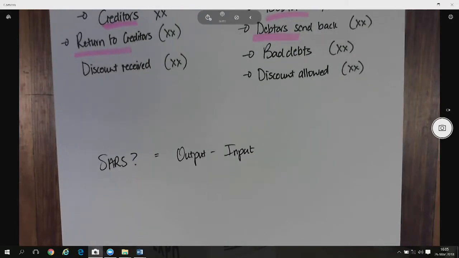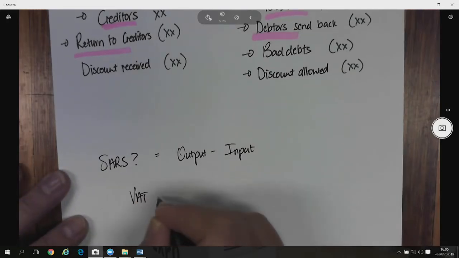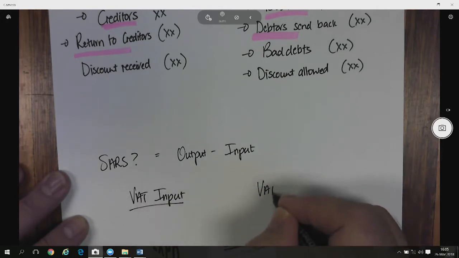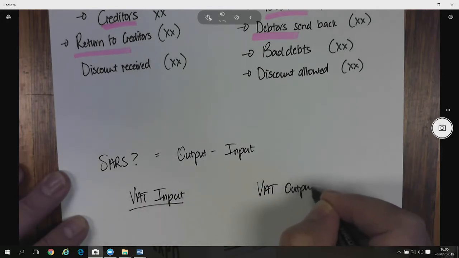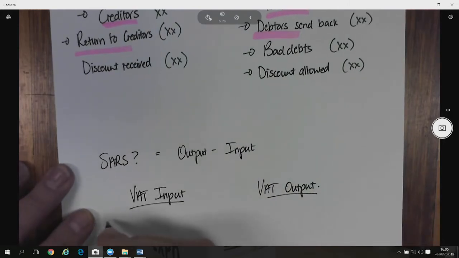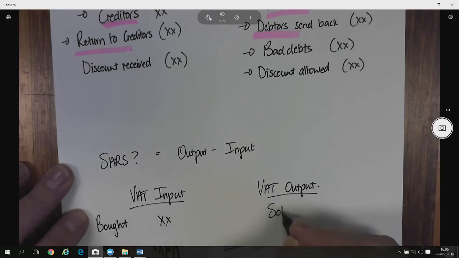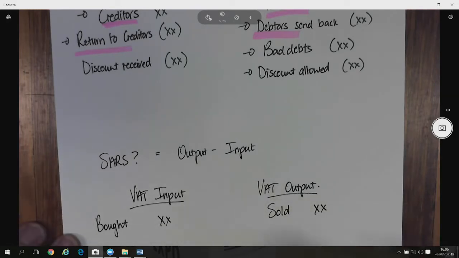The other way around is where you say VAT input and VAT output, and there you say stock that we bought is positive there, stock that we sold is positive there, because I'm busy with creditors and debtors.